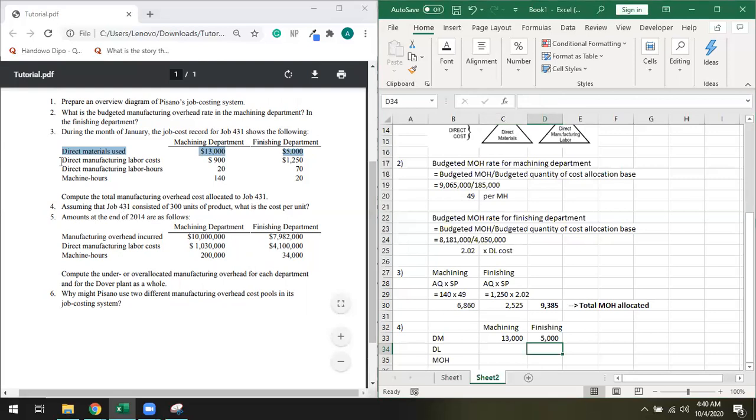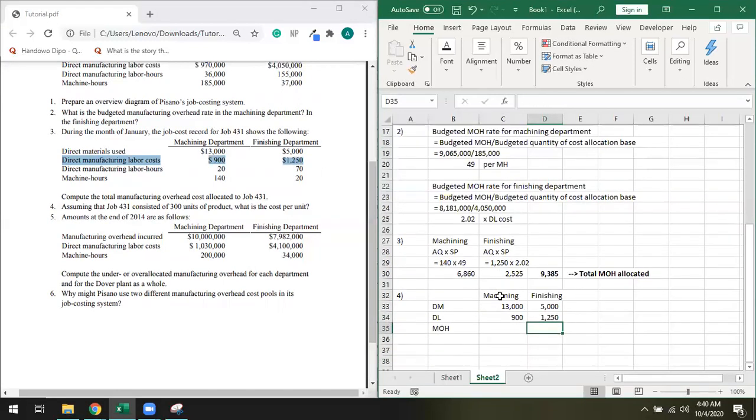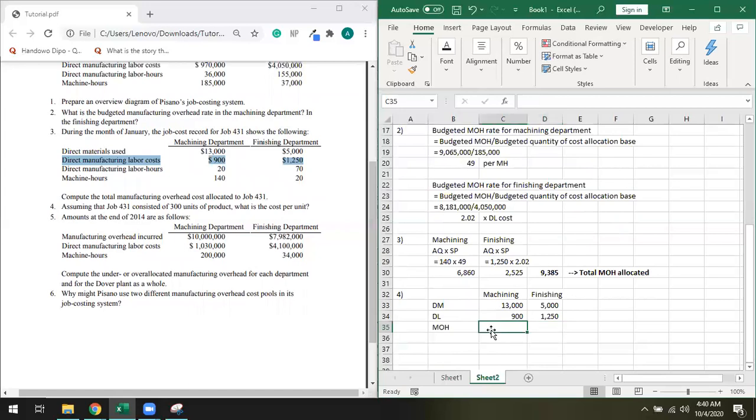For direct manufacturing labor cost, machining department used $900, and the finishing department used $1,250. For the manufacturing overhead cost allocated, because you use normal costing, we can just copy this number from number 2 to this manufacturing overhead cost.